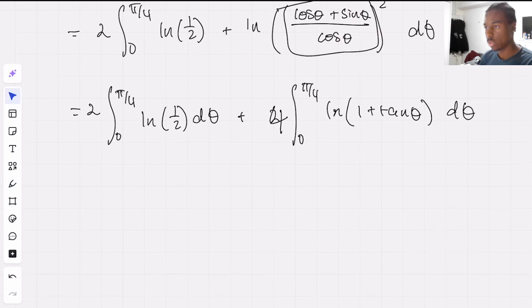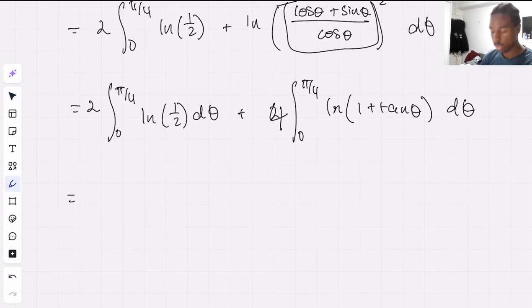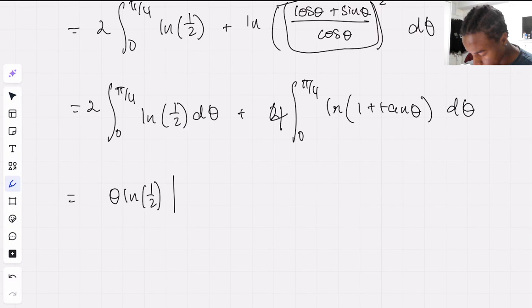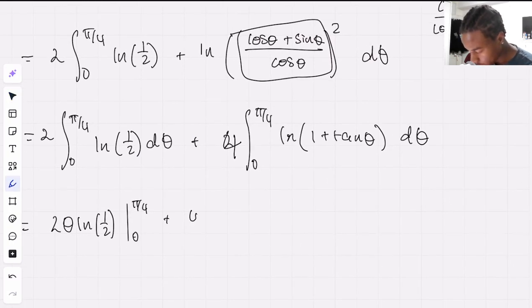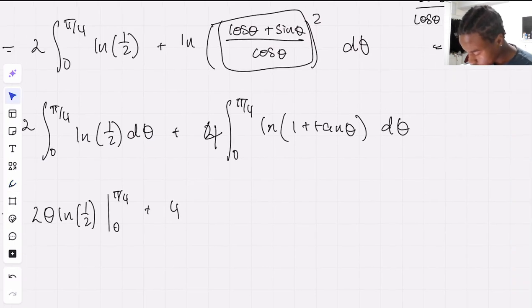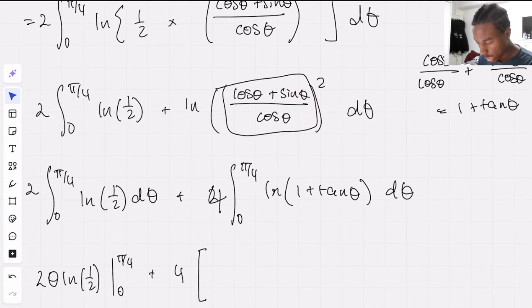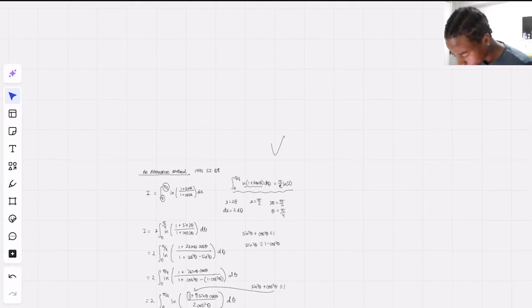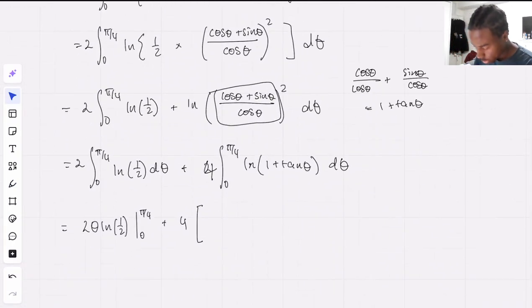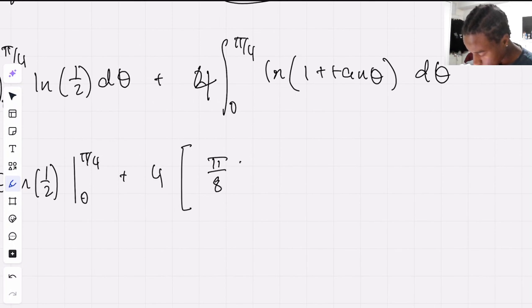Using our log laws, let's just integrate this. This is going to be theta ln 1/2 evaluated at 0 to pi over 4 plus 4 times, and we already know what that integral is going to be. Oh, we had it up here, didn't we? Pi over 8 ln 2.